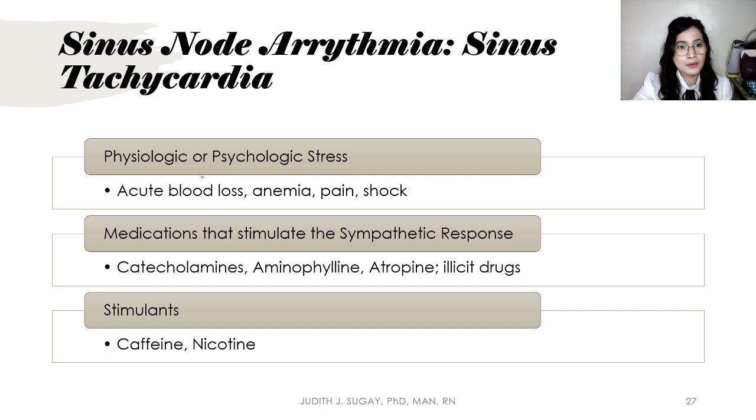So under physiologic or psychologic stress, we have acute blood loss, anemia, client is in pain or shock. Medications such as catecholamines, aminophylline, atropine, or illicit drugs can stimulate the sympathetic response, and of course, it will increase the heart rate of the client.